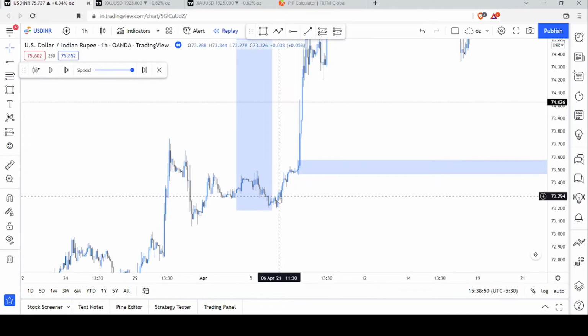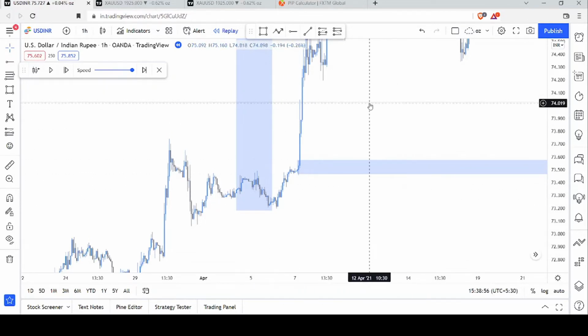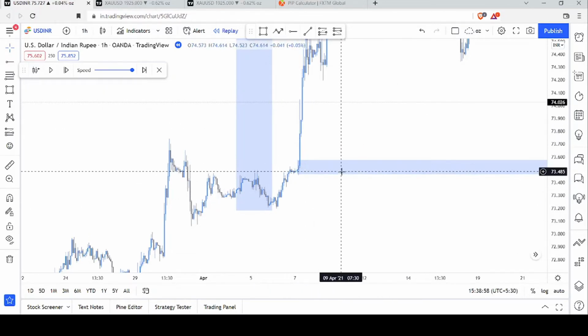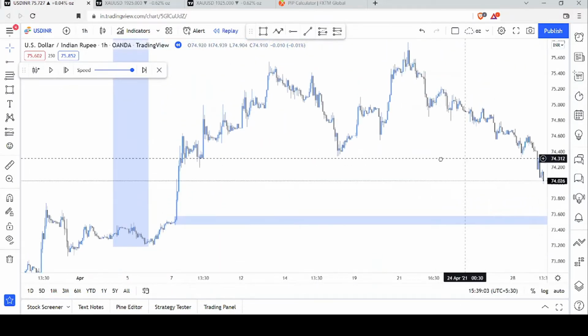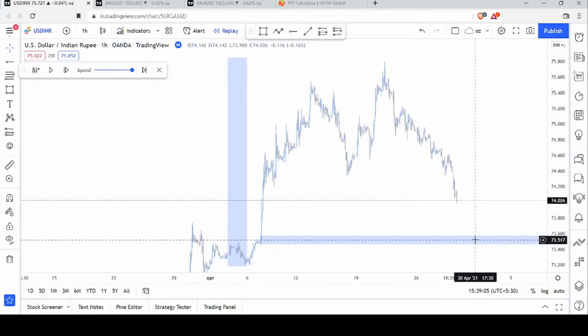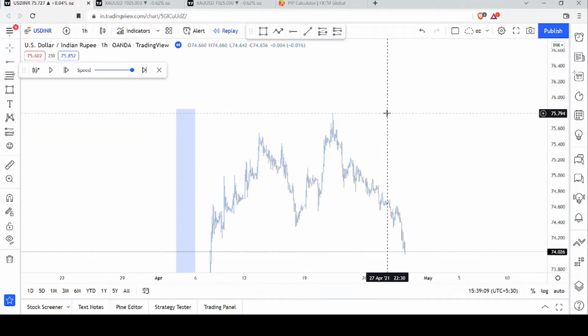Even this zone and this zone and this zone are valid. However, to make it look more clean, let's just use it. If this doesn't hold, then we'll consider the remaining zones. When price comes back to this zone, we're going to look for a buy to go target this high.